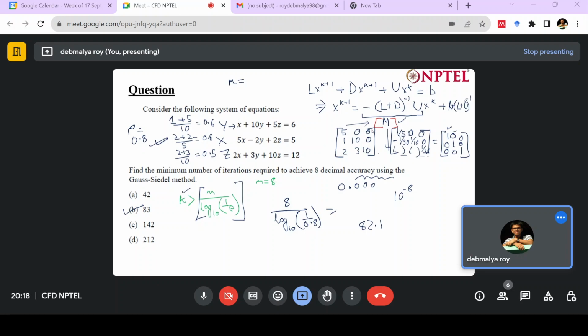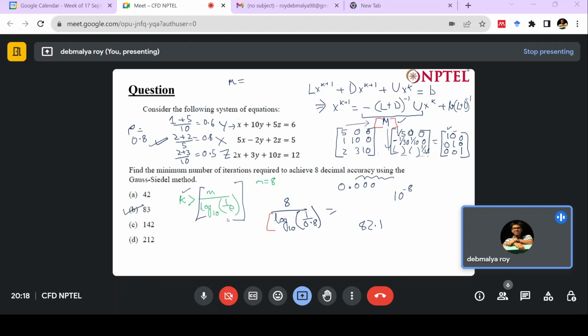For the convergence rate, we have log base 10 of 1 by rho. We define this as our convergence rate in such a way that if the rho value is high, we will have a lower convergence rate. If the rho value is low, we will have a higher convergence rate.